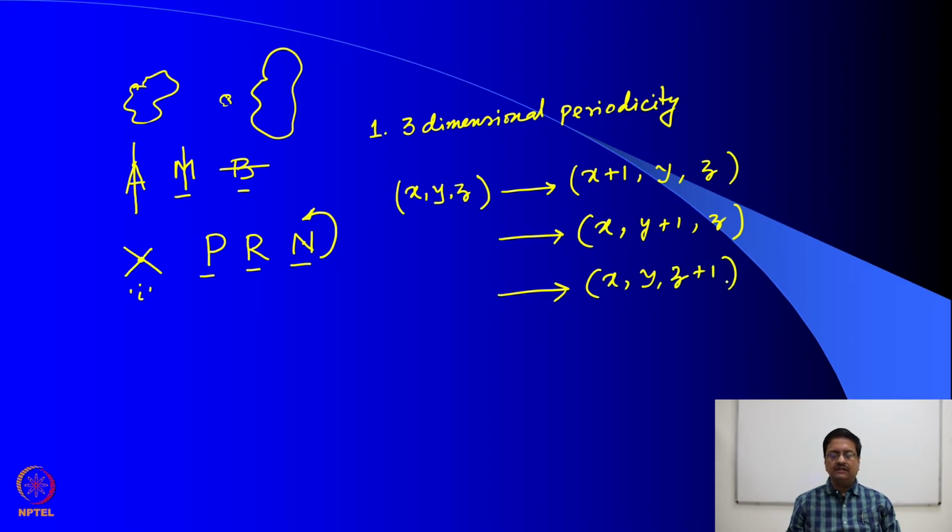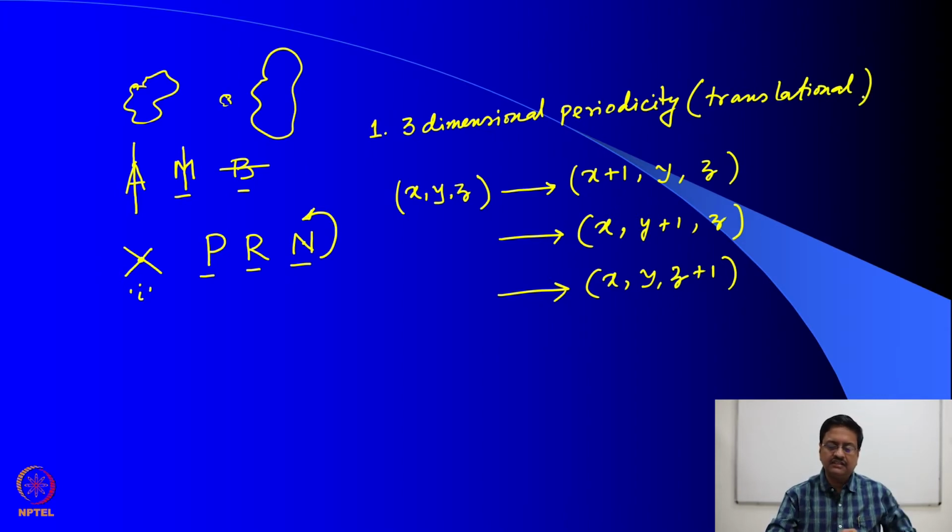That means, whatever you have in this room here is translated along x, you have one object, along y you have another object, and you translate it along z, you have another object. So, this 3-dimensional periodicity is translational periodicity, and this translational periodicity is the first point of symmetry that one should think of in any crystalline lattice.